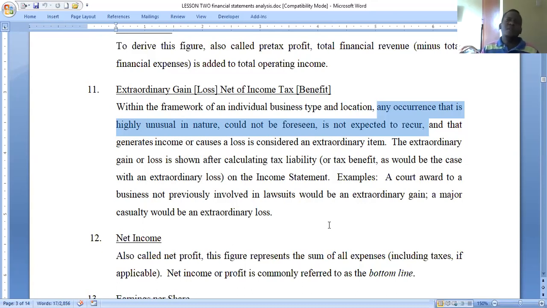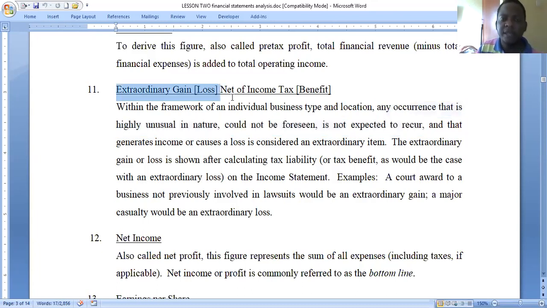It's not that we expect there will be a fire on a daily basis or every year. So when this fire comes, at a given chance, it will result in a loss to the business. So this loss needs to be reported separately in the income statement. So it's reported as an extraordinary gain or loss, and these extraordinary gains or losses should be reported net of their income tax effect.